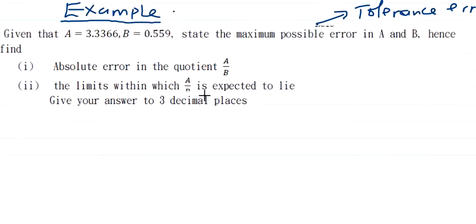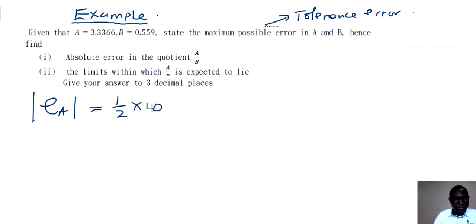Let's get started. So error in A, the absolute error in A, is equal to a half times 10 power negative the number of decimal places. A has 4 decimal places, B has 3 decimal places. So this is power negative 4, and the maximum possible error in A is 0.00005.